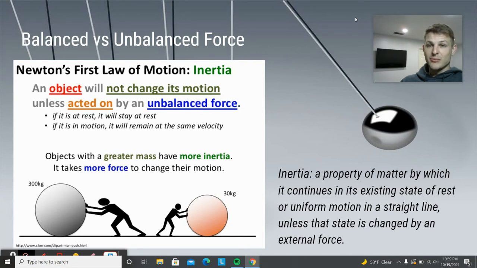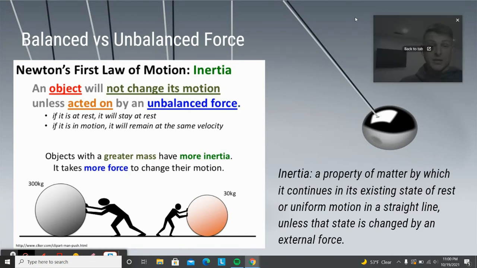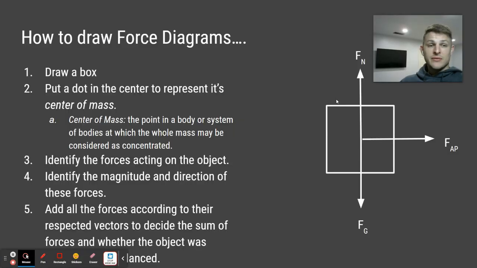The 30 kilogram boulder, right? This will come towards momentum, but basically, the greater the mass, the greater the inertia, which means it's going to take more force to change that object's motion.